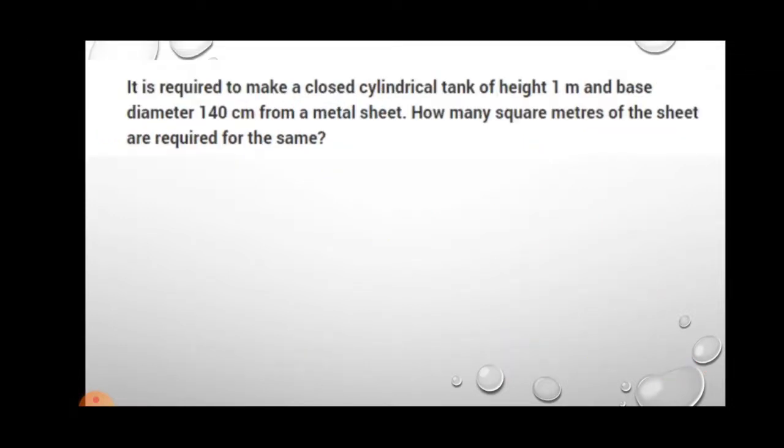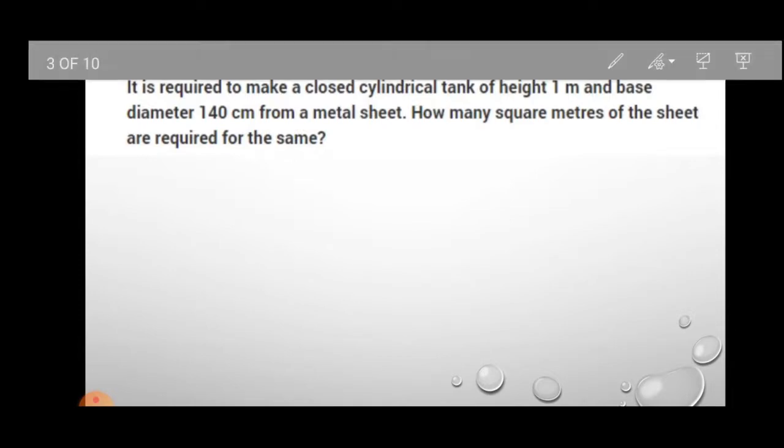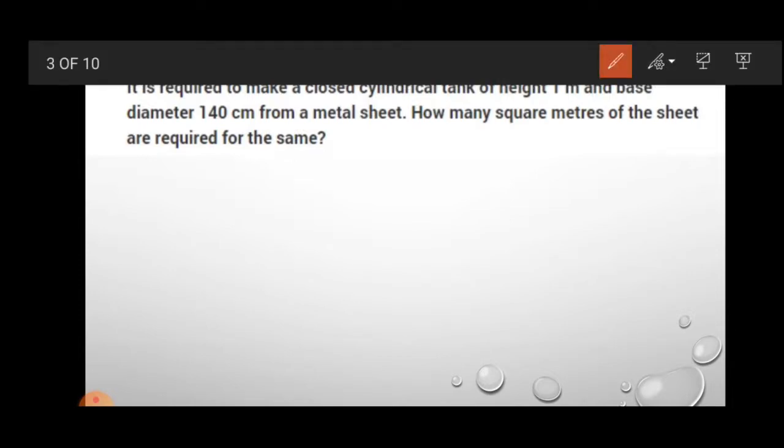Question number 2. It is required to make a closed cylindrical tank of height 1 meter and base diameter 140 centimeter from a metal sheet. How many square meters of the sheet are required for the same? Height is 1 meter.